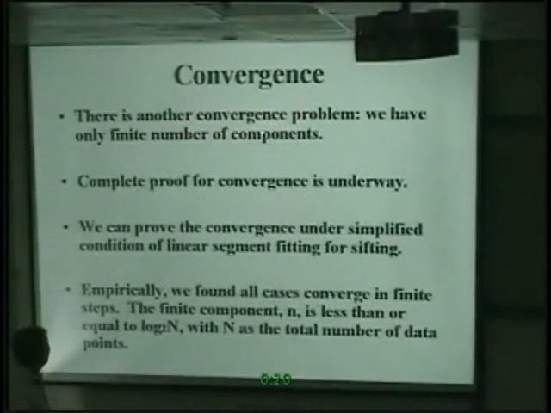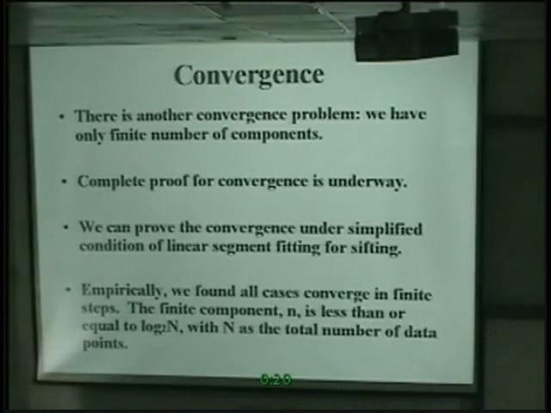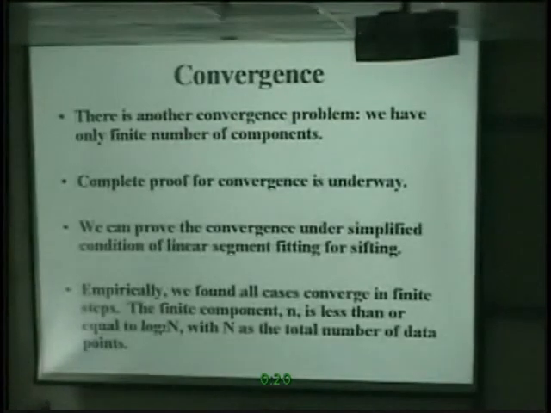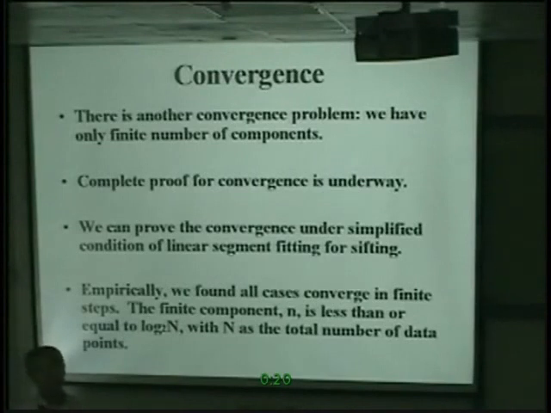But there's another convergence. The other convergence is that even if each component can stop at the nth step, it stopped. Now, is there a guarantee that I give you data, you only have a finite number of components? Yeah. In fact, I've tried one method and it does not converge.